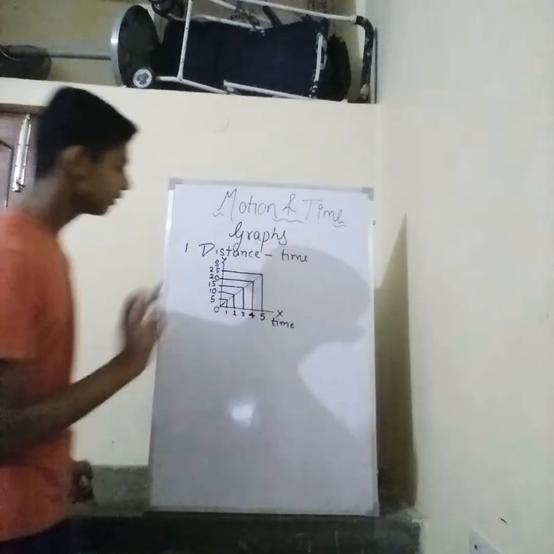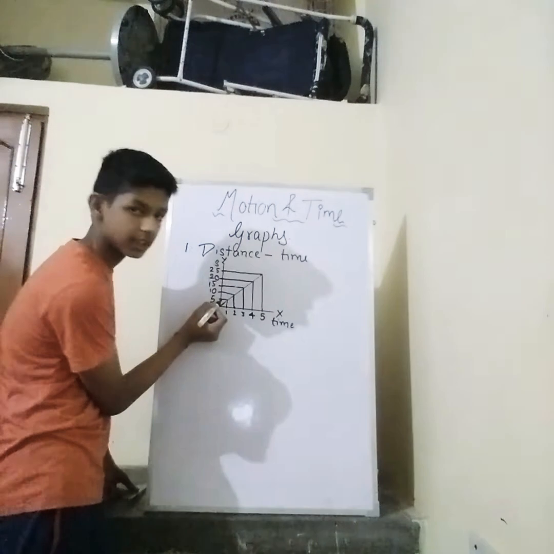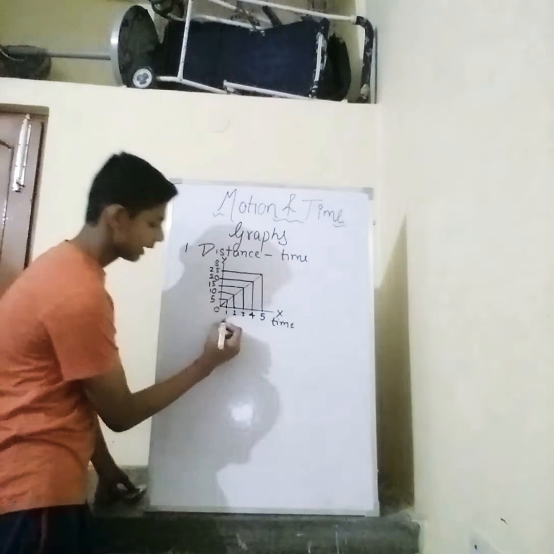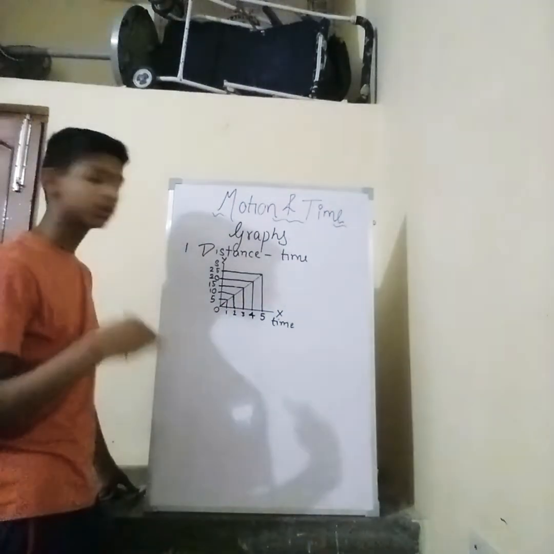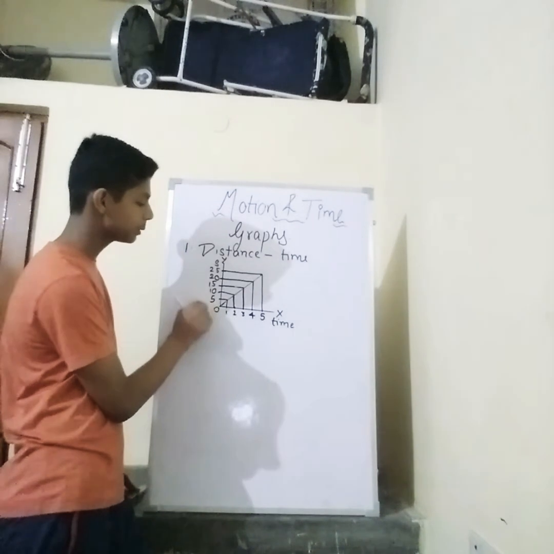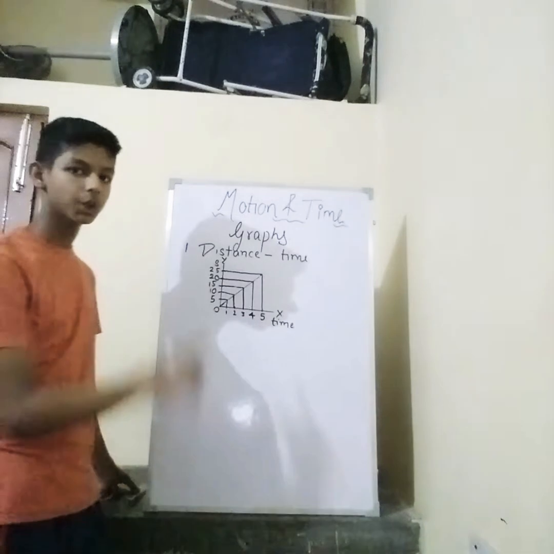Now we will calculate: in 1 second 5 meters, in 2 seconds 10 meters. As per the equation to calculate speed, distance per time, we can calculate the uniform speed of 5 meters per second for this journey. Yes or no?